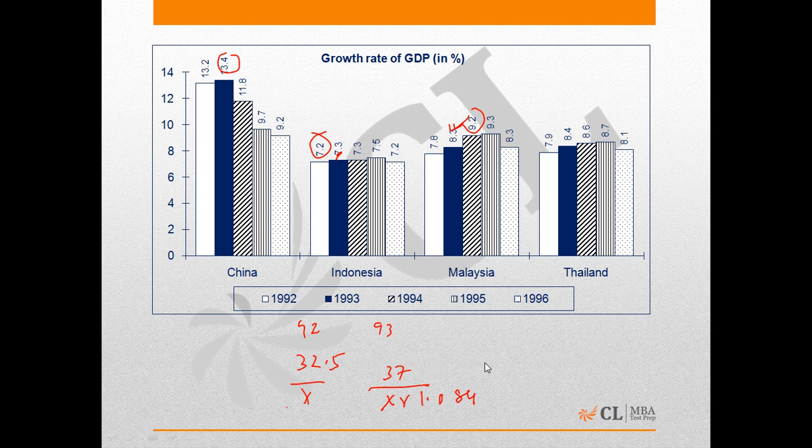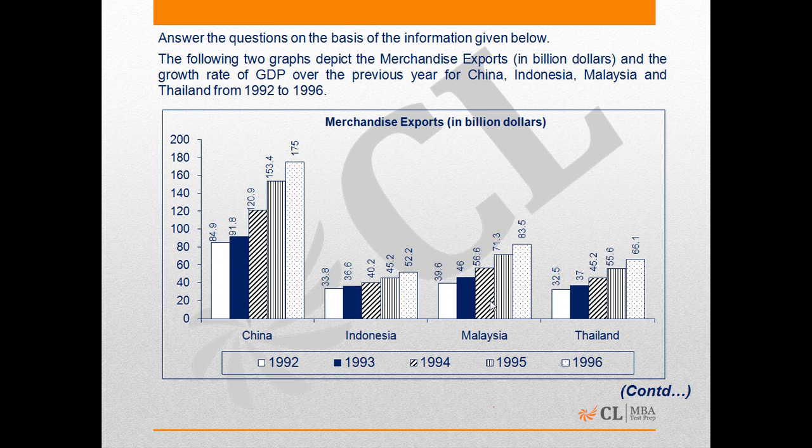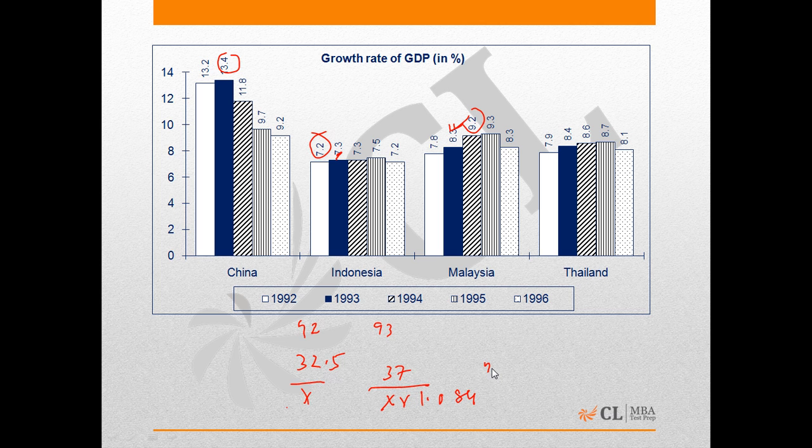Similarly, for 1994, it will be 45.2 upon X into 1.084 into 1.086.